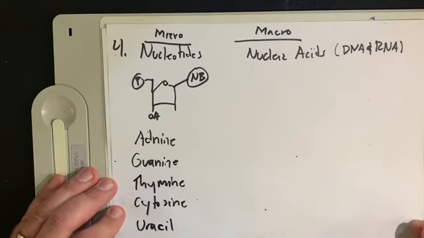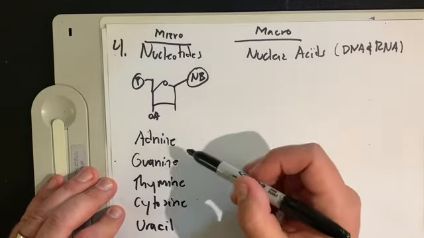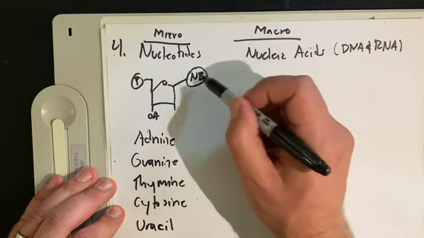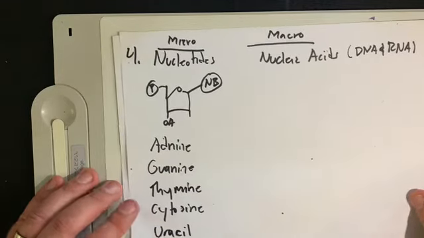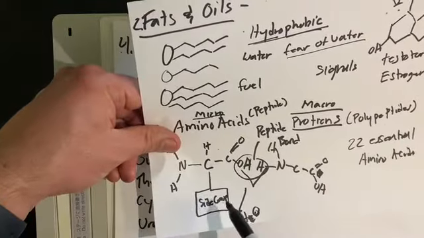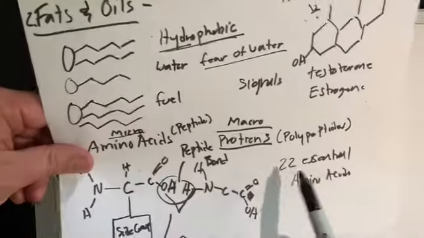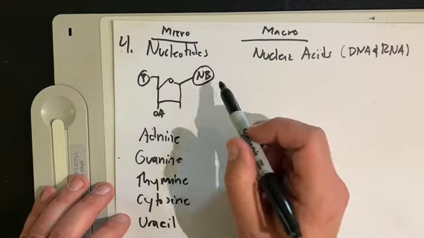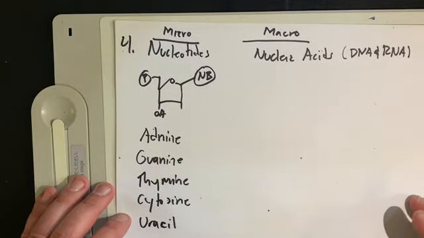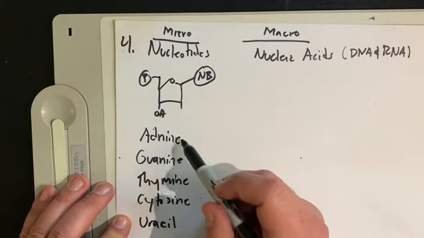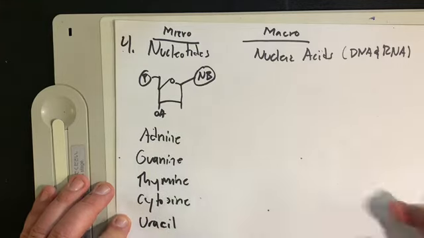So we have these 5, depending on what this nitrogenous base looks like. There are different shapes for this nitrogenous base, similar to what we saw in our side groups for our amino acids. We have different side groups making different amino acids, our 22. So we have different nitrogenous bases that create our different nucleotides, whether they're adenine, guanine, thymine, cytosine, or uracil.